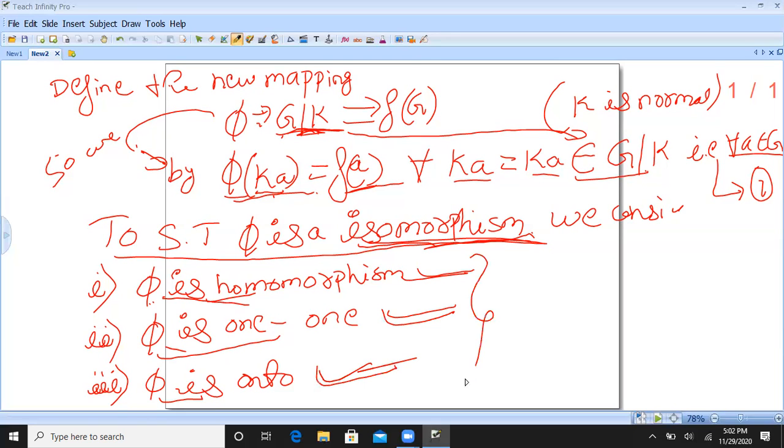When these three conditions are satisfied, we can say that it is an isomorphism.